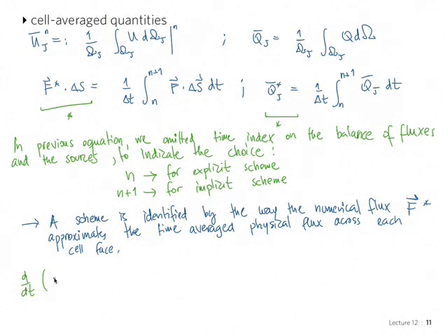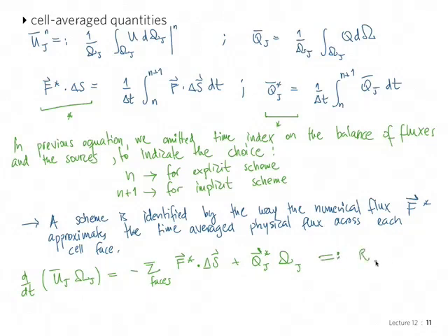So leaving that open, we have d dt of u bar j omega j equal to minus the sum over all the faces of F star dot delta s plus q, the sources, q bar j omega j, and sometimes all of this right-hand side is lumped into one expression, which is called the residual.